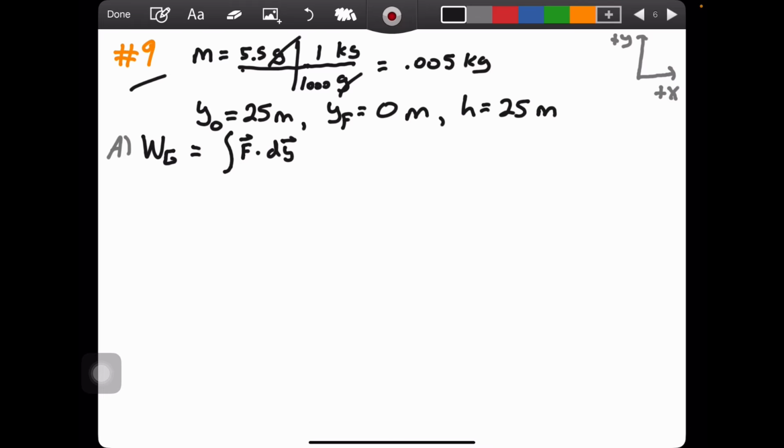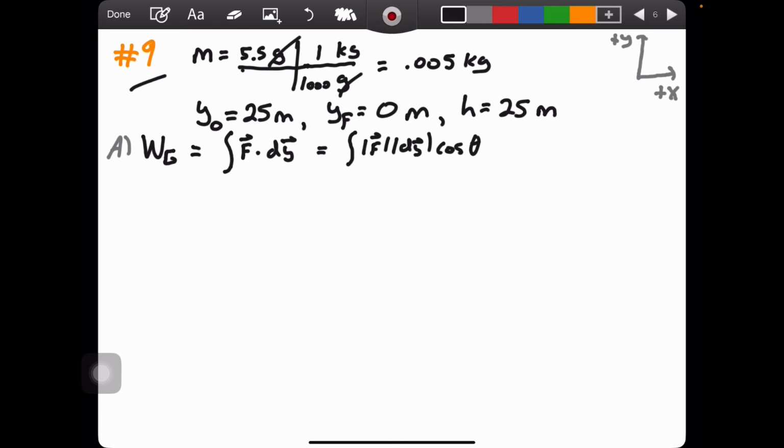So I'm figuring out the work done vertically because I know this problem pertains just to the vertical direction. This is a dot product. And another way of expressing a dot product is to think of the magnitude of the first vector, the magnitude of the second vector, and the cosine of the angle between the two vectors.